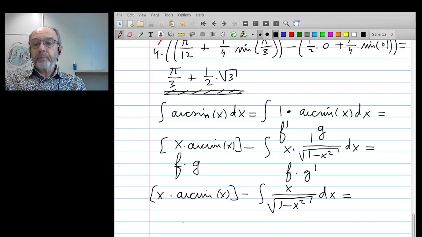Now, if you don't see directly from the second integral what to do, then you can maybe use substitution. For instance, you say, I take u equal to 1 minus x squared or something like that.